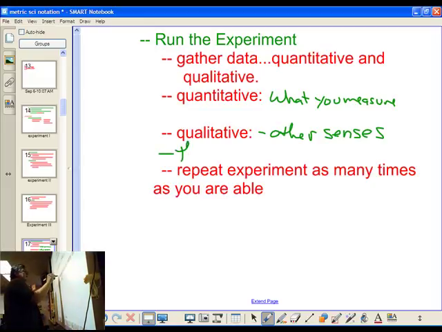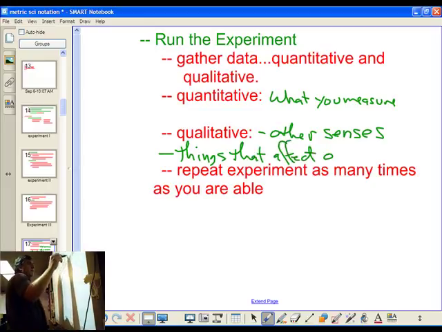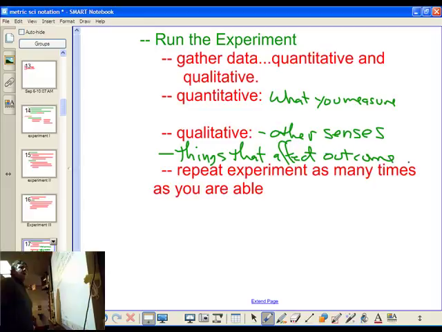Also, qualitative observations are things that might affect the outcome of your experiment. You know, if you broke something, if you were using a thermometer and it got broken, thermometers get broken, and you got a new thermometer.